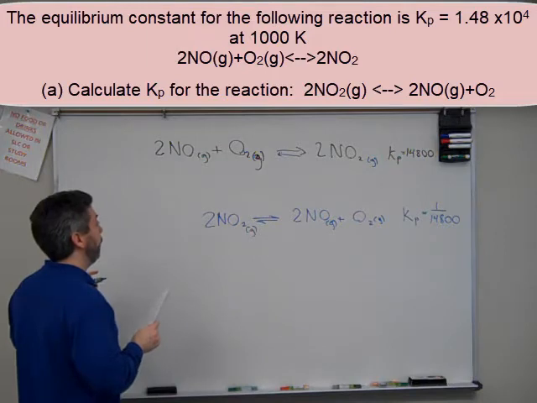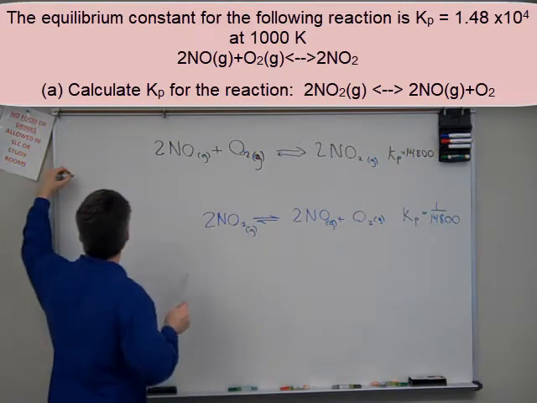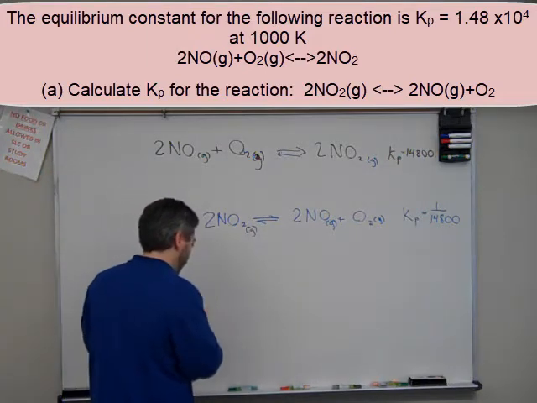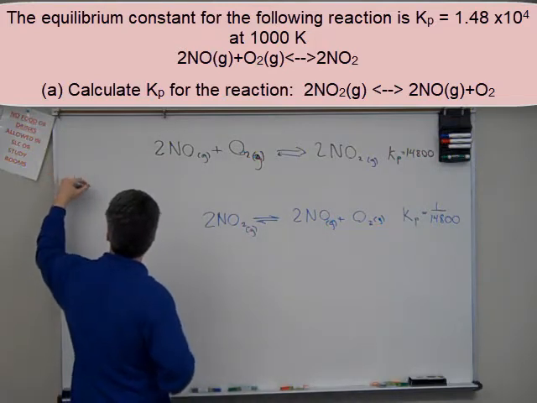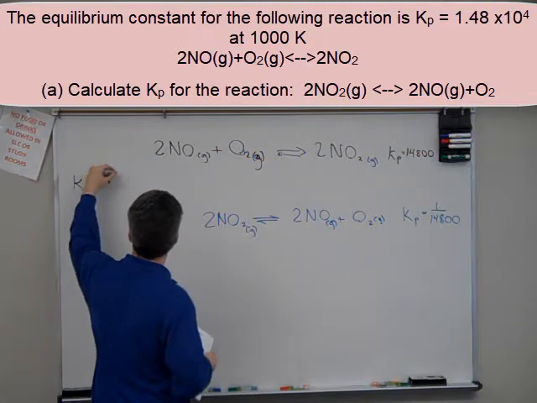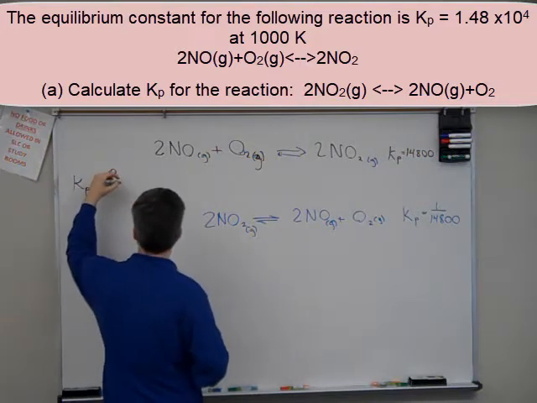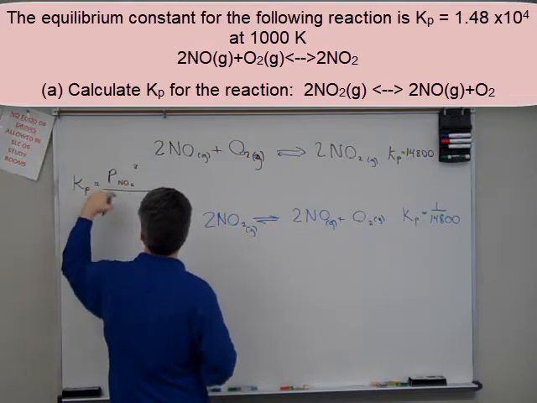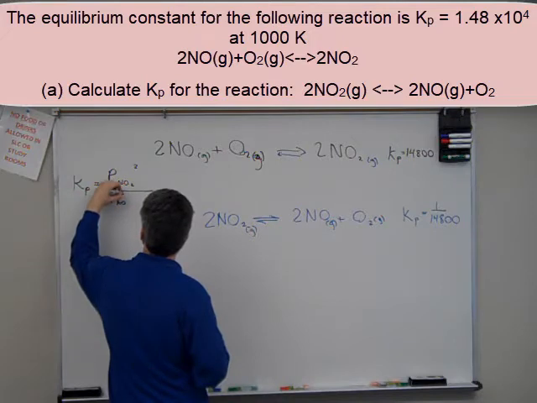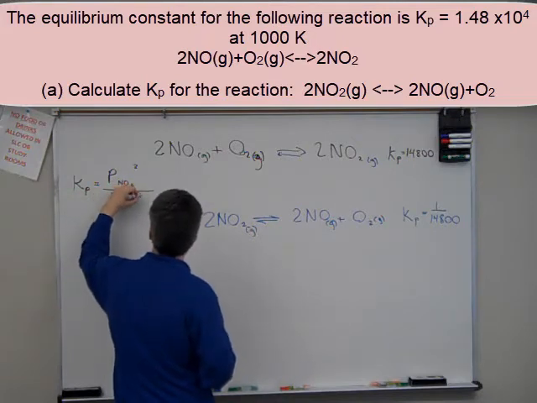Now, here's the deal. If you look at the equilibrium constant for the original reaction, you can see this more clearly. Kp, the equilibrium constant in terms of pressure, is the pressure of NO2 squared divided by the pressure of NO squared times the pressure of O2.